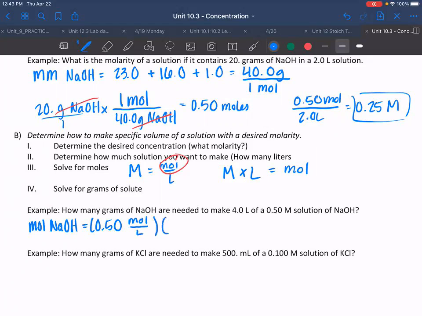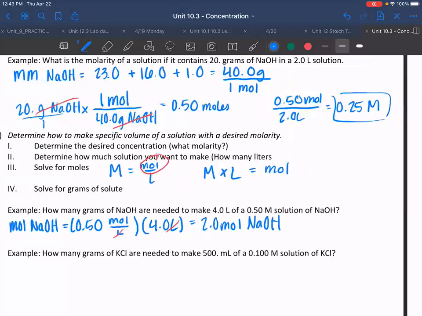Because if we have moles over liter multiplied by our volume wanted, our units of liters cancel out, giving us the unit of mole. If you multiply that, you get 2 moles of sodium hydroxide.